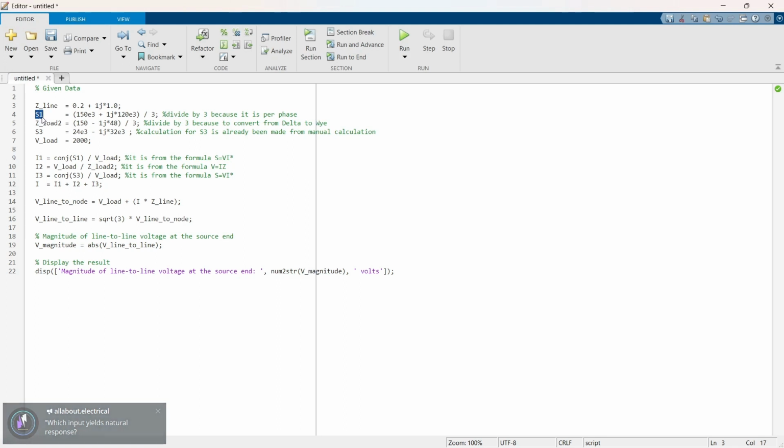This is S1, which stands for S for load 1. So we have 150 kilo, with exponent 3 meaning 10 to the power of 3, and 120 kilo.